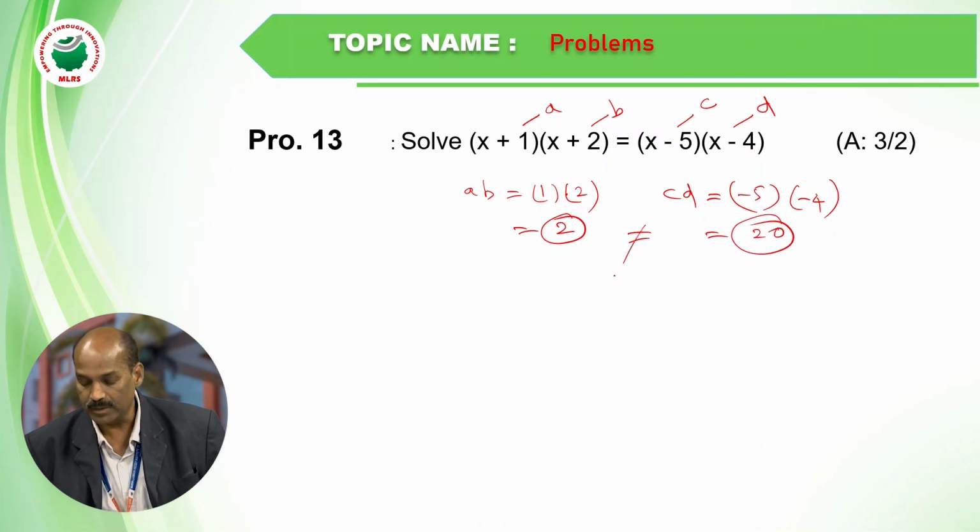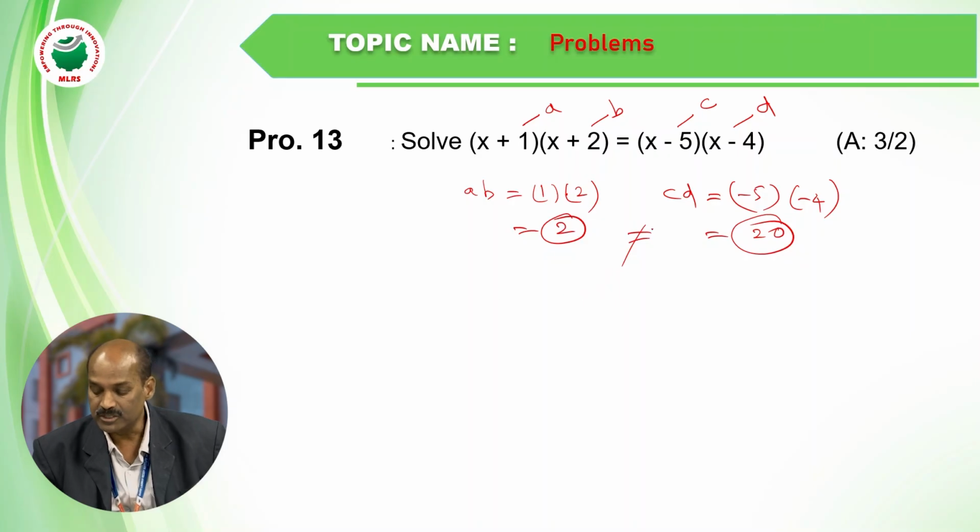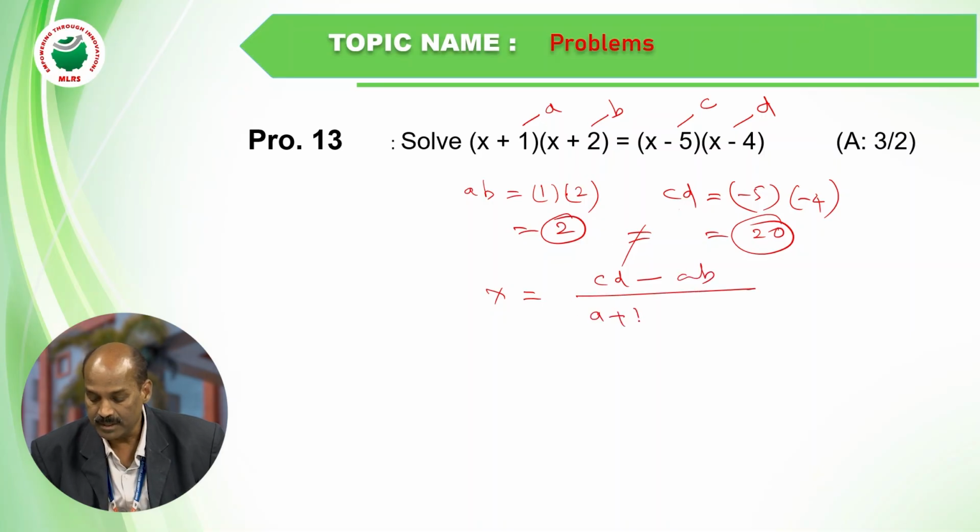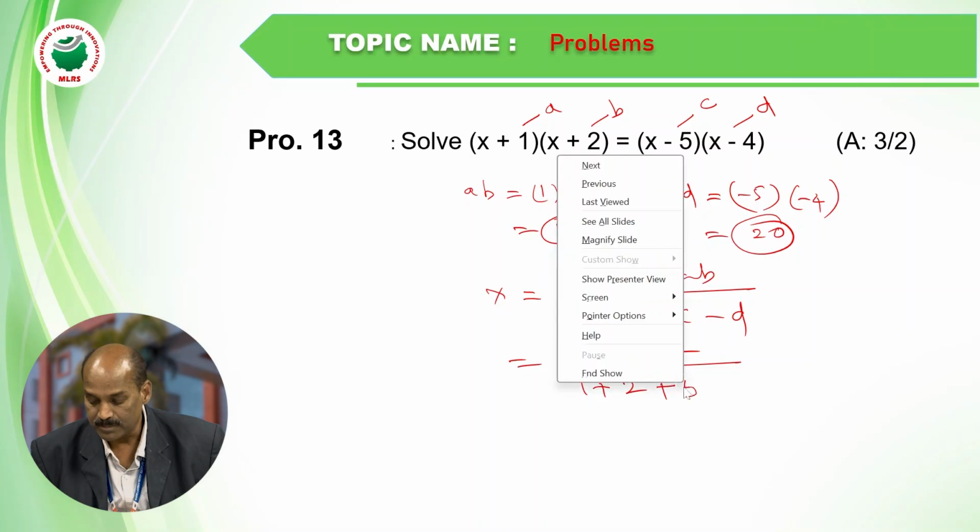These two are not equal. If these two were equal, then the answer would be 0. That we will see in the next problem. Therefore, what is the formula in this case? CD minus AB, by A plus B minus C minus D. Now, CD is 20 minus AB is 2, by A which is 1 plus 2, and minus C, but C is minus 5, so minus C is plus 5.